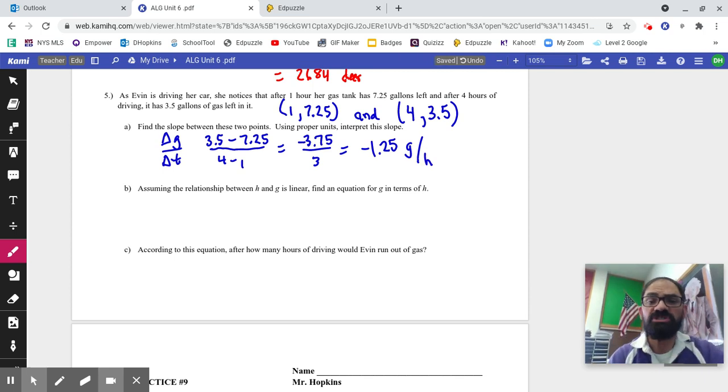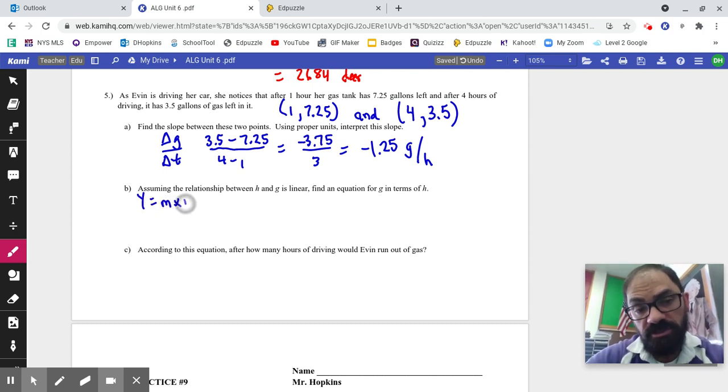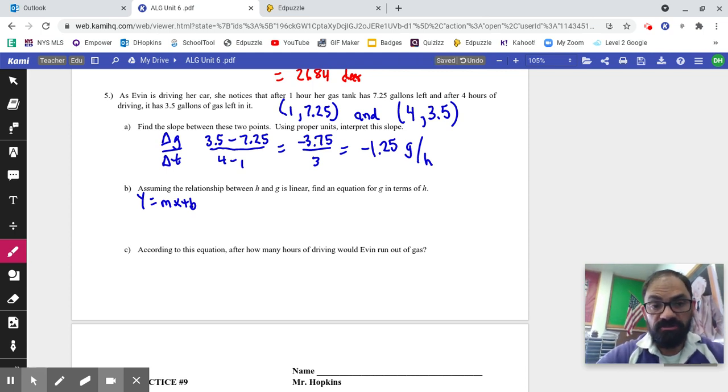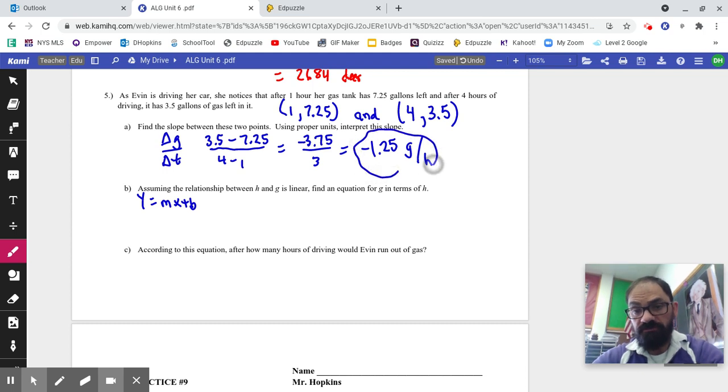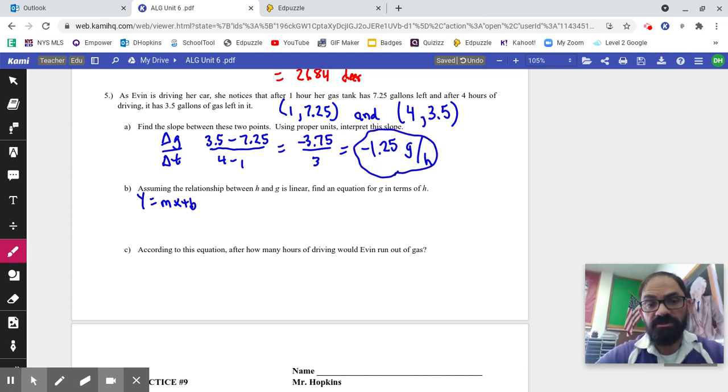All right, assuming the relationship H and G is linear. So again, linear, we should be thinking y equals mx plus b. Find an equation for G in terms of H. So I already have the slope, which is this up here. What I'm missing is the y-intercept.